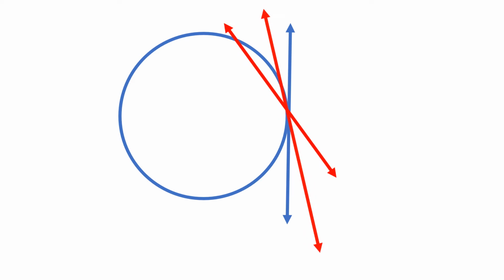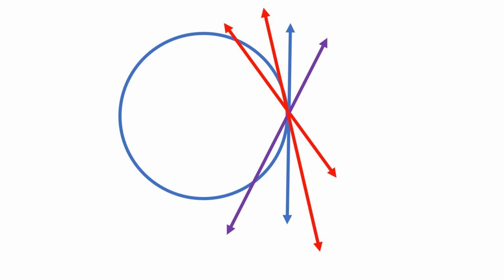Children, now let us see the existence of the tangent to a circle at a point. Now see, we have taken a circle and then we have drawn a tangent. If we now try to draw more lines from the point of contact of the tangent to the circle, we shall see that these lines intersect the circle at 2 points, not at one point.